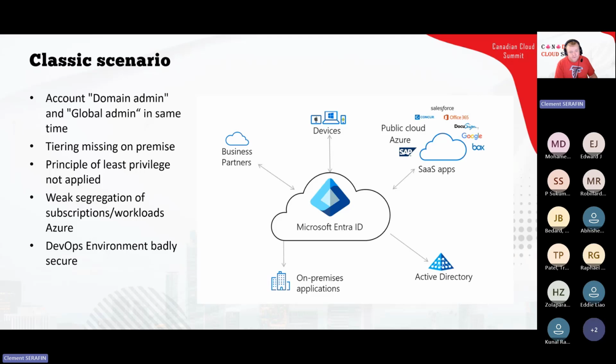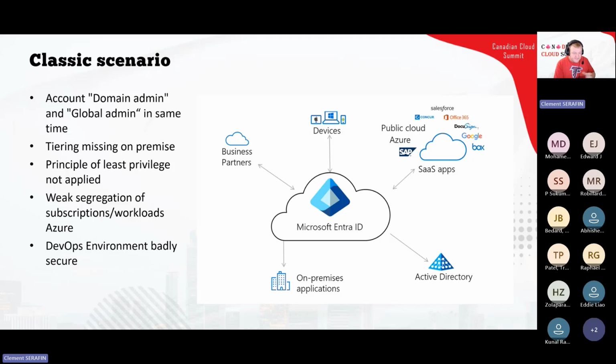Most of the time, because I'm a consultant, when I come to a company, the things we see are some classic scenarios. First, we see accounts which are synchronized, and so they are domain admin on-premise and global admin online at the same time. You have some tiering which is missing, so we don't have the tiering model implemented on premise, or we are not considering the cloud in this tiering.